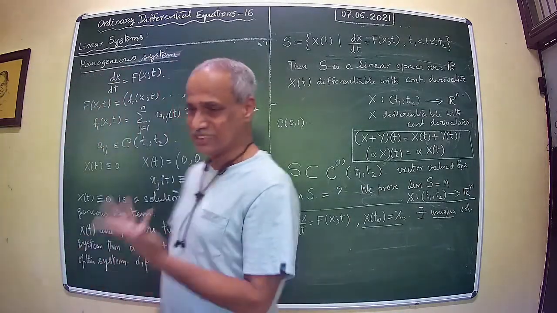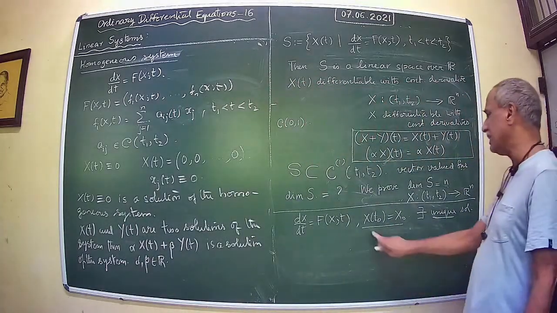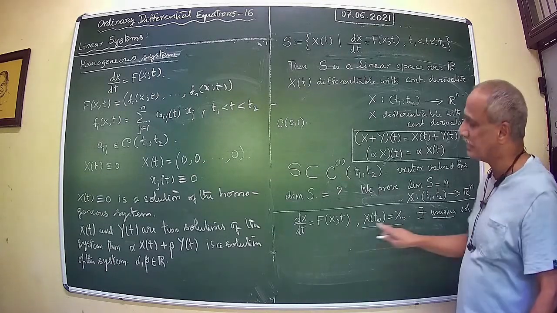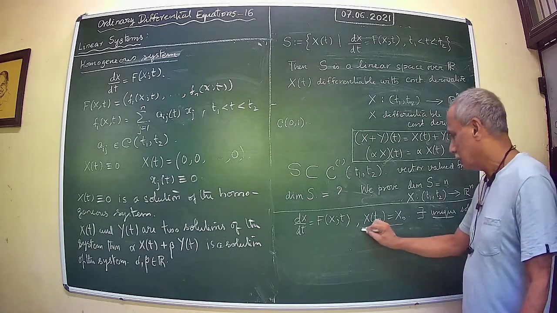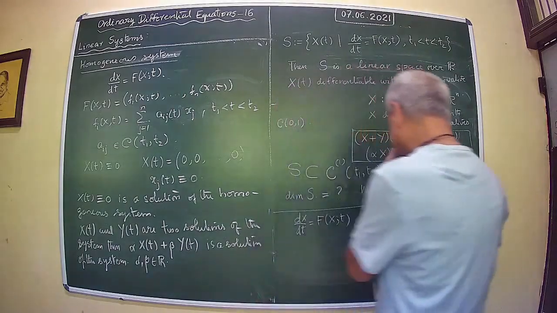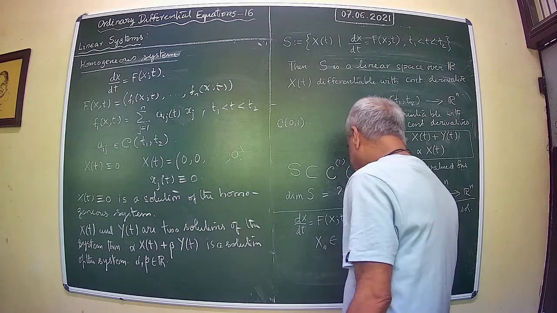So that fixes the initial condition. A similar statement you are making: if you fix what your solution is initially, then it is known for the entire interval. Therefore, what are the initial conditions? This x naught is a vector in Rn.